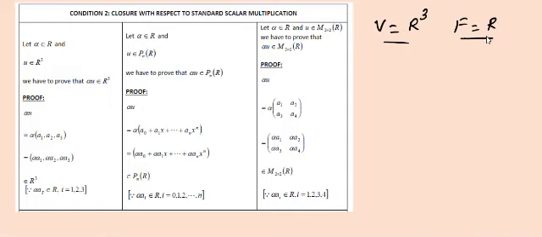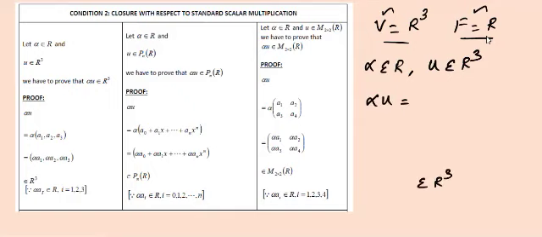For scalar multiplication both sets must be taken under consideration, whereas for addition only the vector set is considered. Now what we are going to prove is, I should take one alpha from R and one vector from R3, and alpha u must belong to R3. First of all, I should find out what alpha u is, that is alpha into A1, A2, A3. This is u, as we assumed earlier.